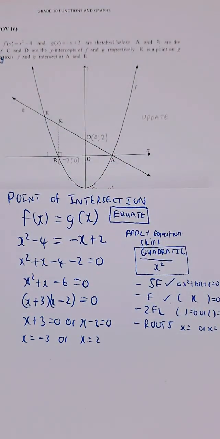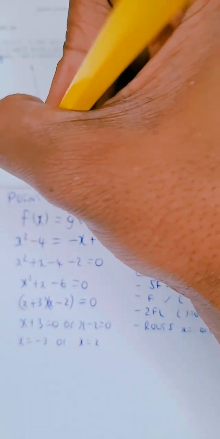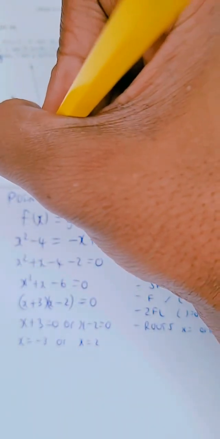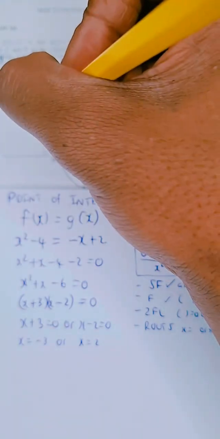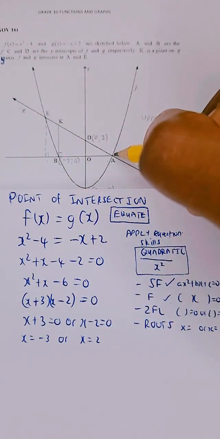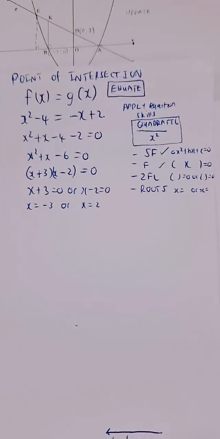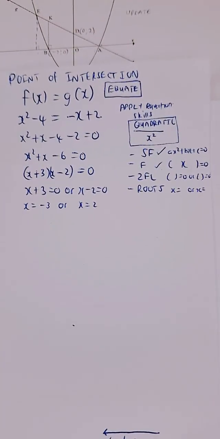Okay, this is very important. On the same vertical line, this x coordinate of E is definitely going to be a negative number. This x coordinate of A, which is also another point of intersection, is going to be positive. So if you look at your 2 answers, which one represents E? Very good.